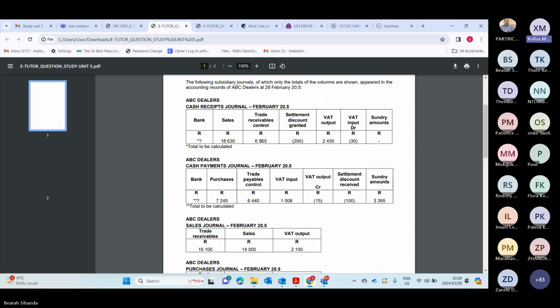So you would have to assume that the total amount you've received for sales would be your 18,630 plus your 2,430, split between sales of 18,630 plus output VAT of 2,430. But maybe it's something we can improve in the question as well, just to make it clear so that students understand. Yeah. Okay, thank you.